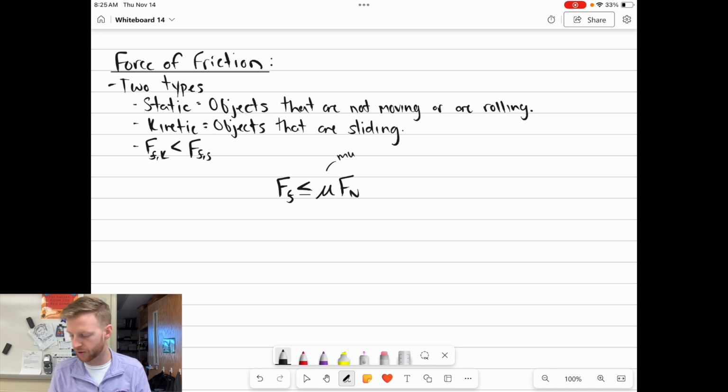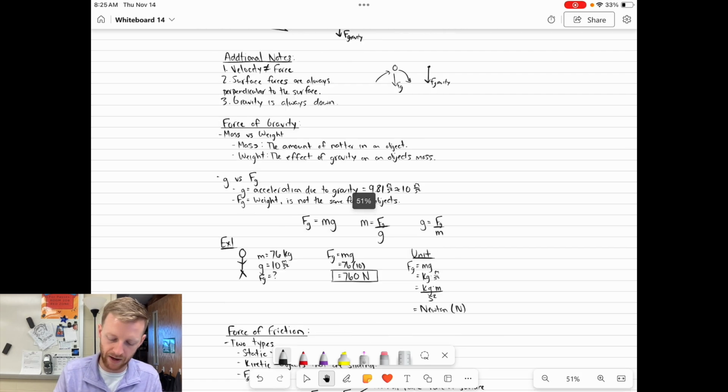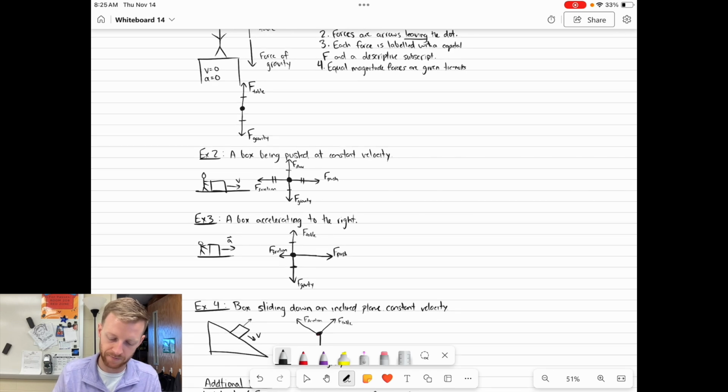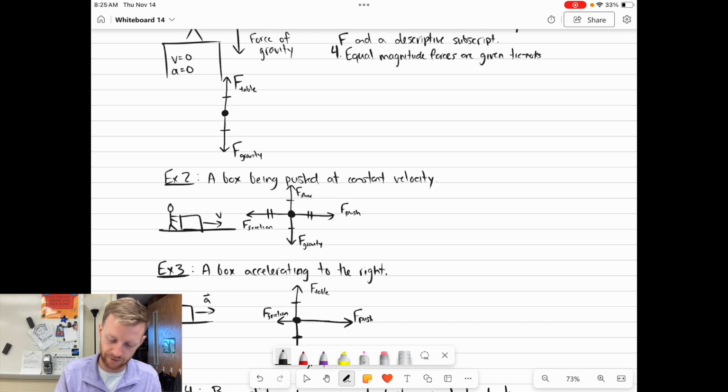I know none of this, Mr. Clark. Well, let's define this N first to get it out of the way. This is called the normal force, and it's what you learned earlier as the force of a surface. If we go all the way back up to our free body diagrams, we notice that on all of these level surfaces, examples 1, 2, and 3, they're all equal to each other.